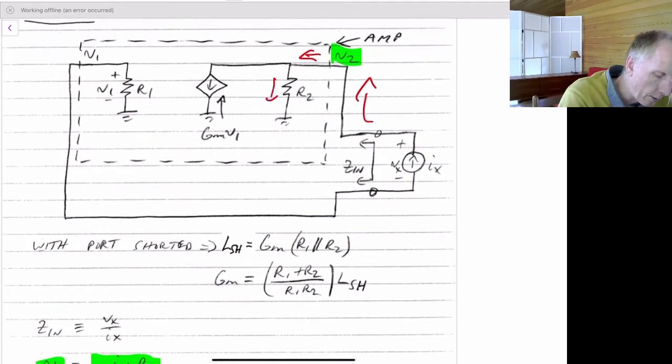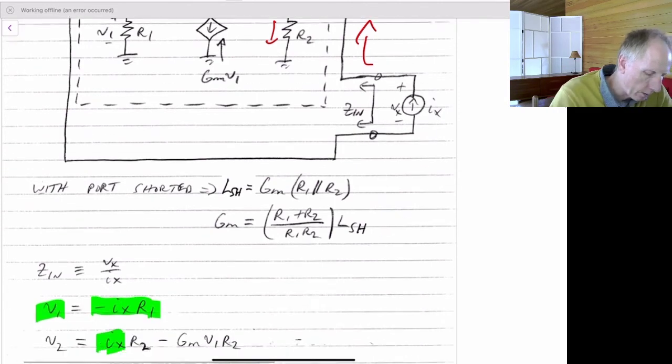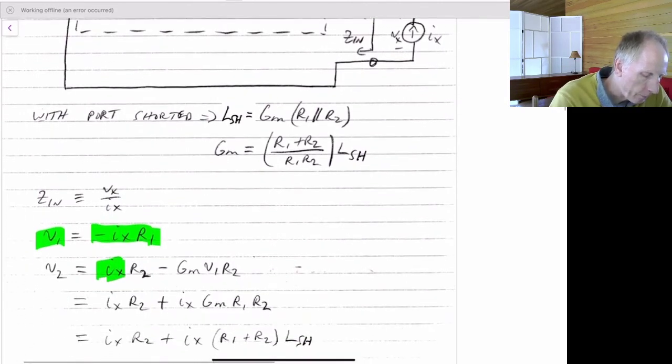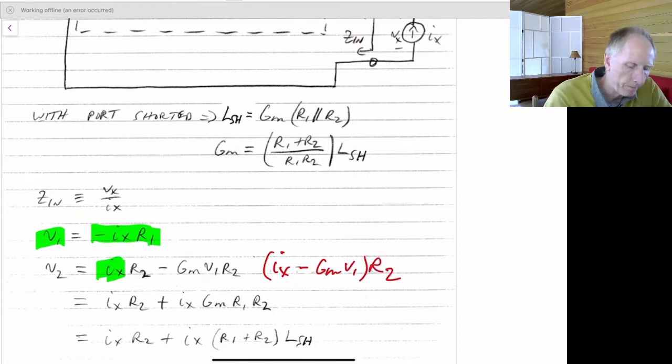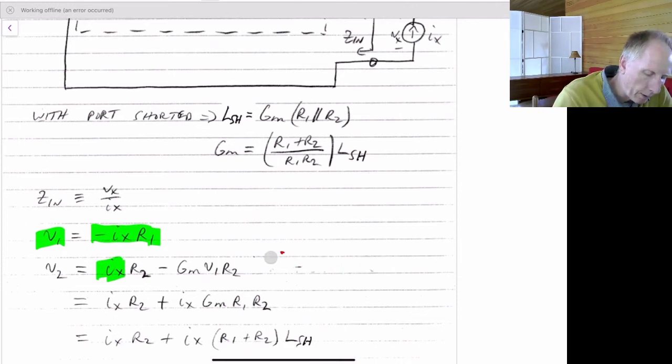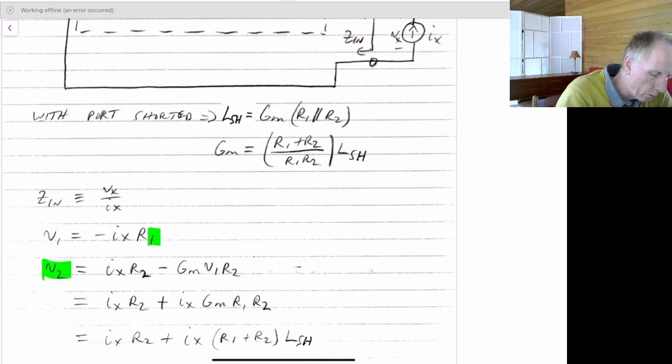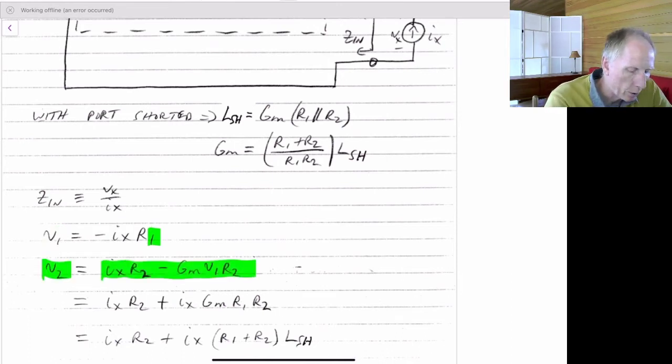The current that flows down here will be I sub x minus this current. So we can write this out as I sub x minus GM V1 times R2. And just combining those together, we have that V2 will be I sub x R2 minus GM V1 times R2.